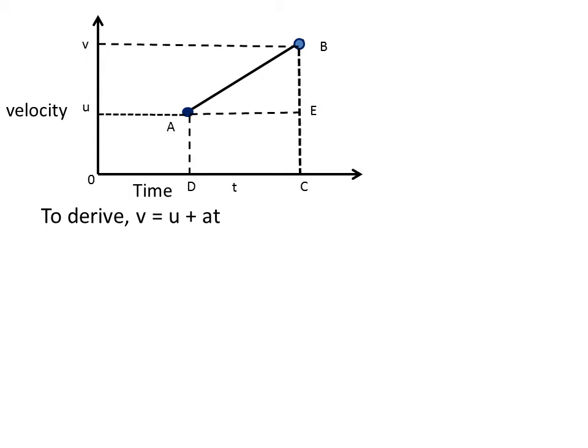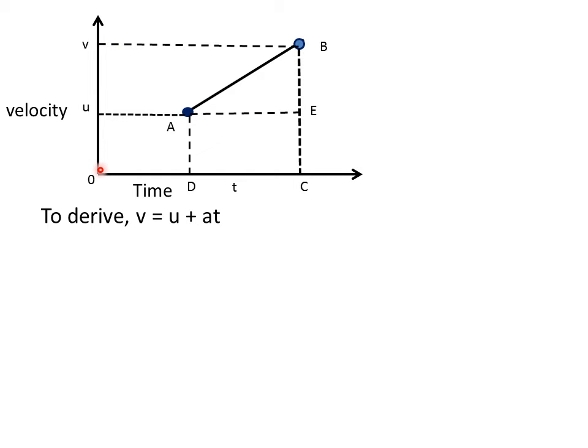For this, we will use the diagram which we have developed earlier. Here we are supposed to find v equal to something. That means we will find the value of v. If you look at the diagram, which segment corresponds to v? Segment BC is equivalent to v.